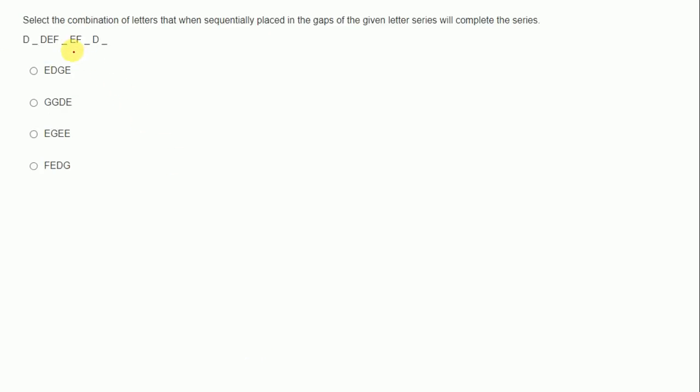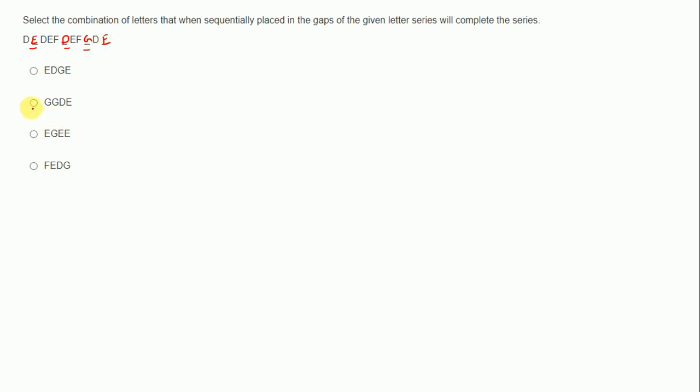Now this is a question from series: D blank DEF blank EF blank D, and here the solution is very easy. It will be DE, then DEF, then DEFG, and then DE.